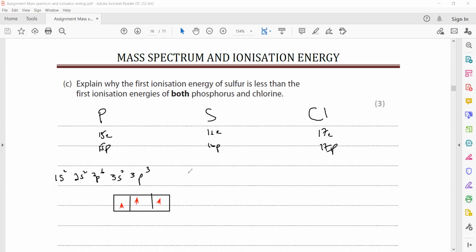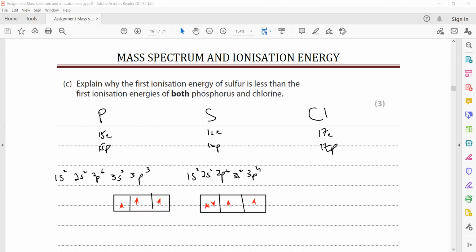When we write the electronic configuration, it is 1s2, 2s2, 2p6, 3s2, 3p4. So in the 3p subshell there are 4 electrons, and how are these 4 electrons arranged? 1, 2, 3, and then 4.